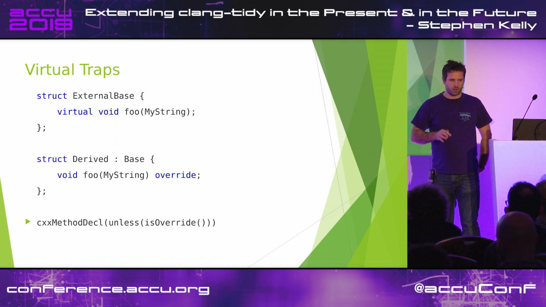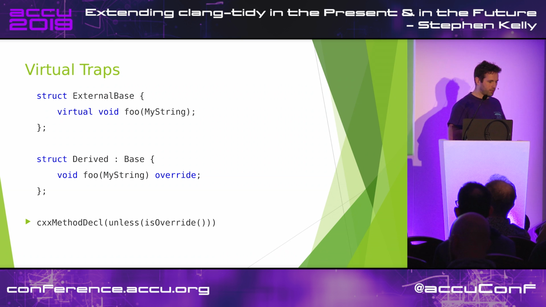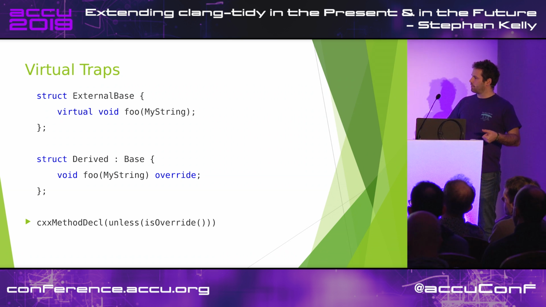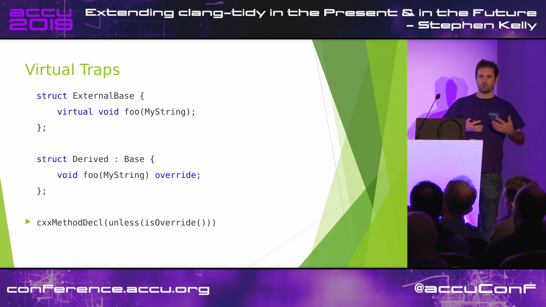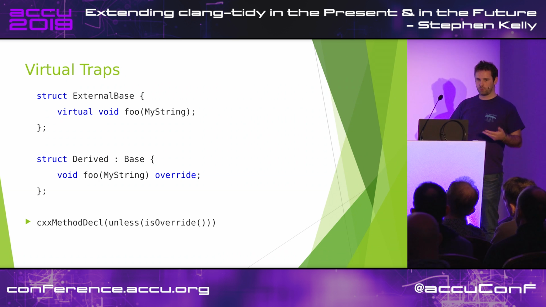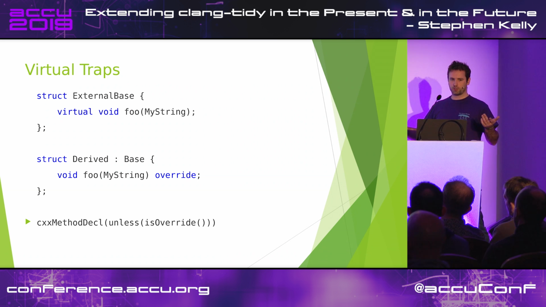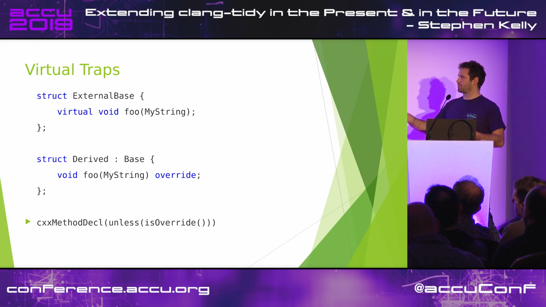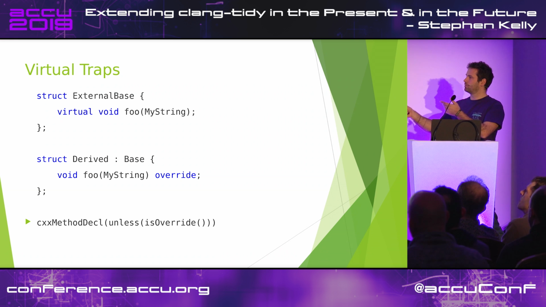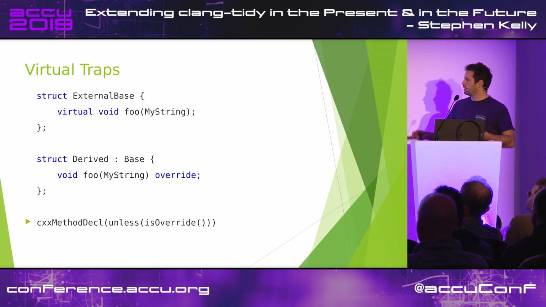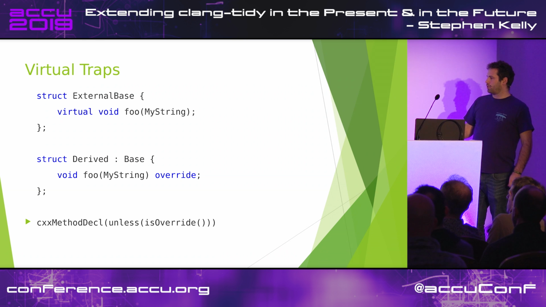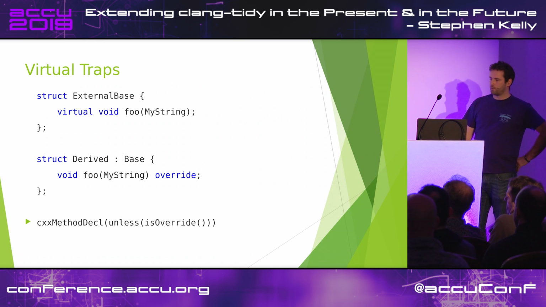Maybe I'm explaining that a little bit backwards, but you get the idea that if I want to change all of the methods' parameters in my source code from my string to your string, I can't just change interface implementations as well because the external class is still using my string instead of yours. So you can exclude overrides with a simple matcher like that.